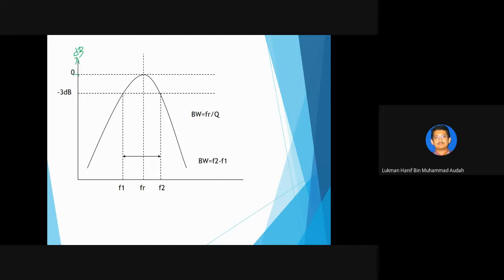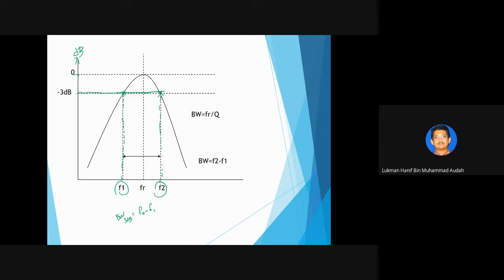Minus 3 dB is if you cut off here, it is at this point. And if you cut downwards, you get its frequencies F1, F2. So F2 minus F1 here is the 3 dB bandwidth.